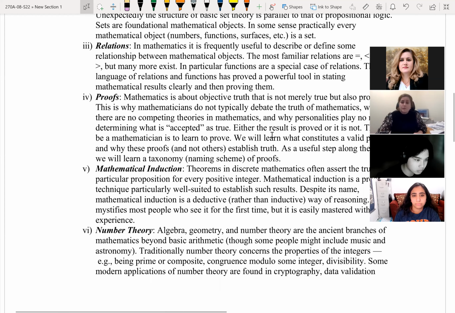For proofs, as of now, in all of the calculus classes and all of the algebra classes, you accepted the statements. If a function is differentiable, then it's continuous, you won't have any problem, you don't need to prove it, you accept it. So this is probably the first place that we ask you to prove what you see. If you see a theorem, a statement, or a problem, we actually prove it.